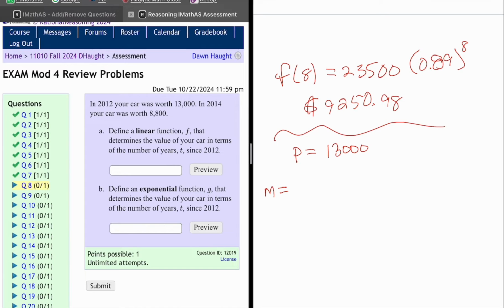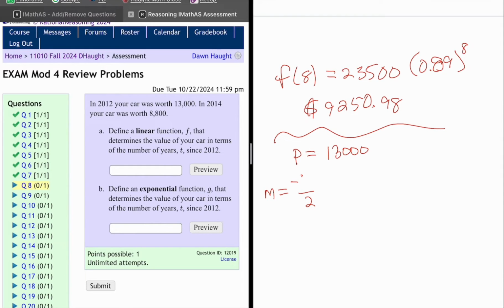So we went up by 2 years, and our price went down by whatever 8,800 minus 13,000 would be. So 8,800 minus 13,000 is, it went down by 4,200 in 2 years, or 2,100 per year.